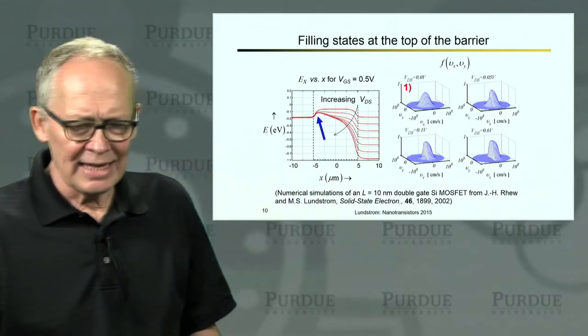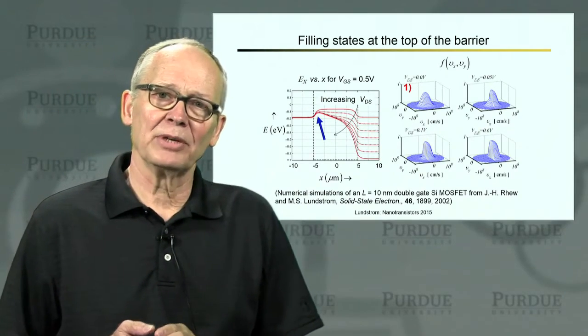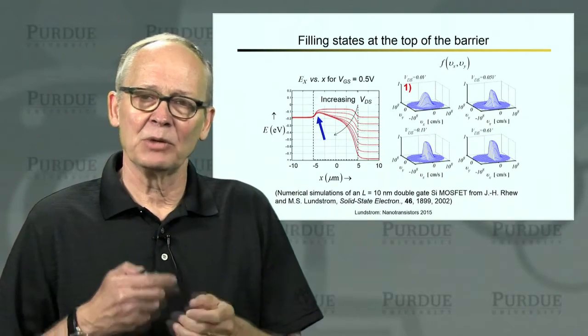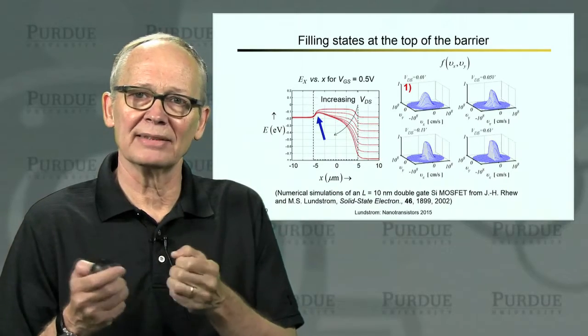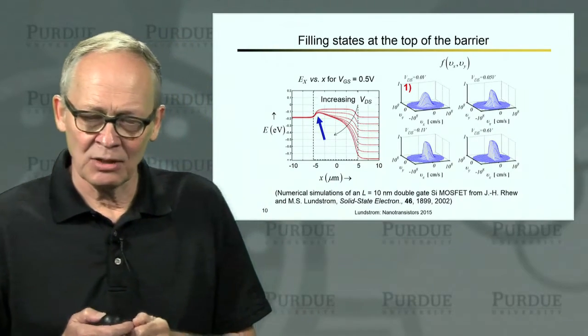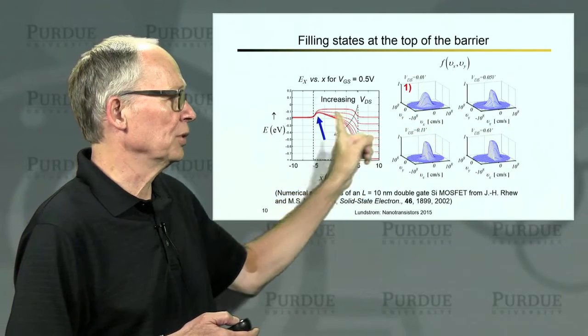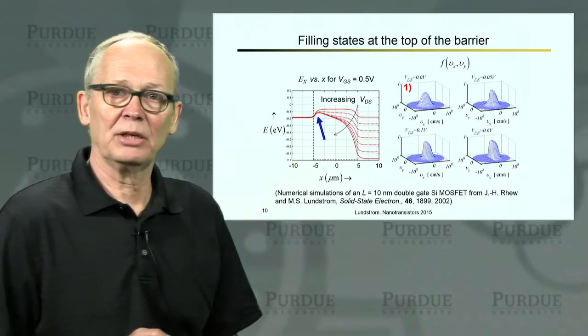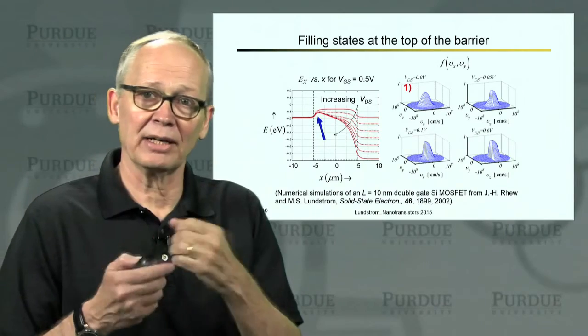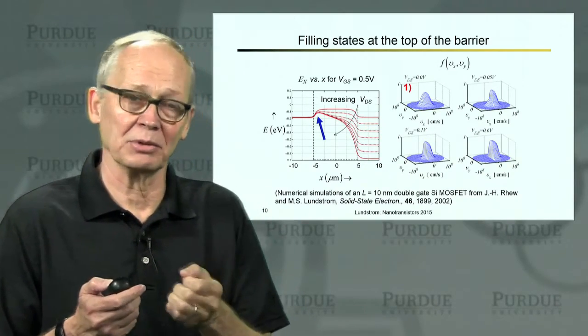Now, it's kind of interesting. You may ask, how is this thermal equilibrium maintained when we don't have scattering to randomize everything with the lattice? Well, the answer is that the positive half of this distribution came in from the thermal equilibrium source, where scattering ensured that we were in thermal equilibrium.